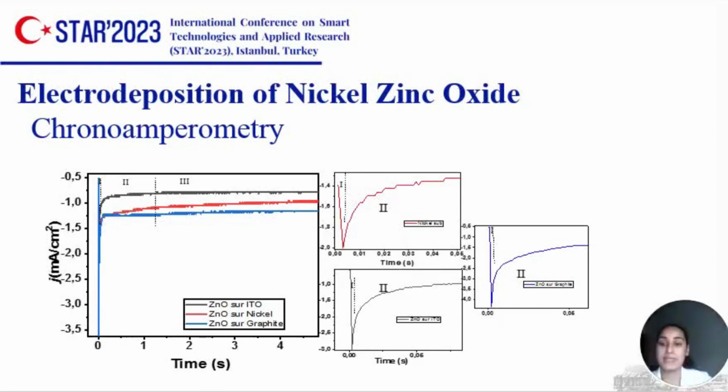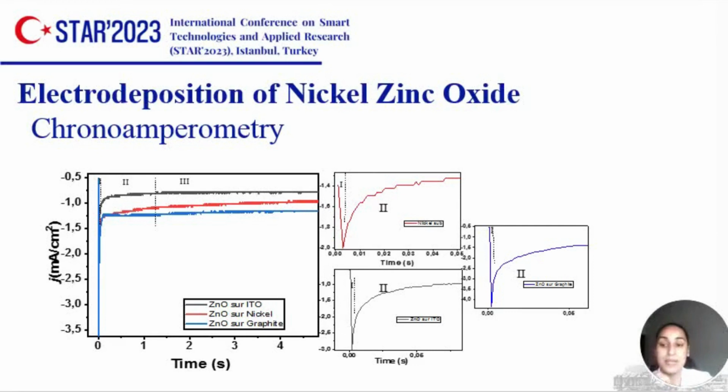The graph obtained through this method is referred to as a current time transient or chronoamperogram. Its shape is typically characterized by 3 distinct parts. The initial part, part 1, corresponds to the formation of the initial nuclei, leading to a decrease in current.